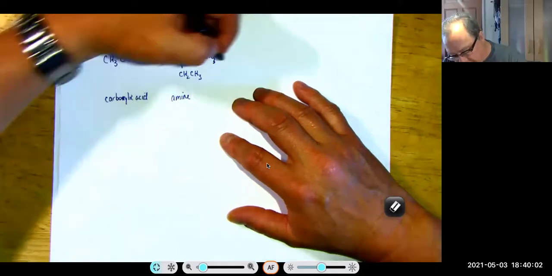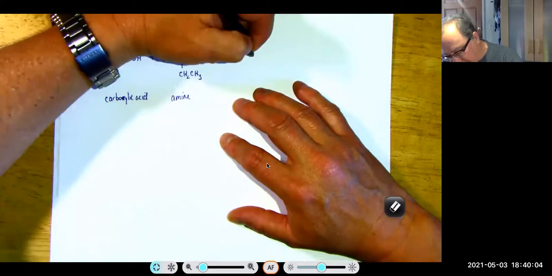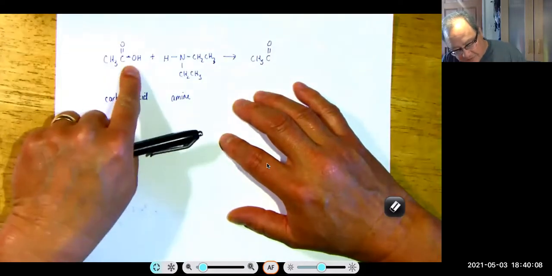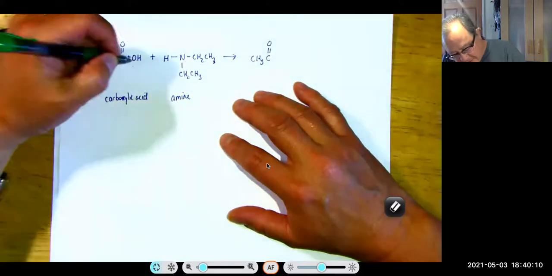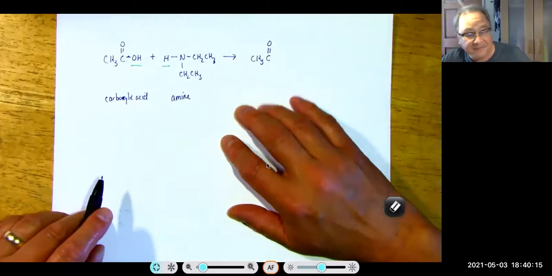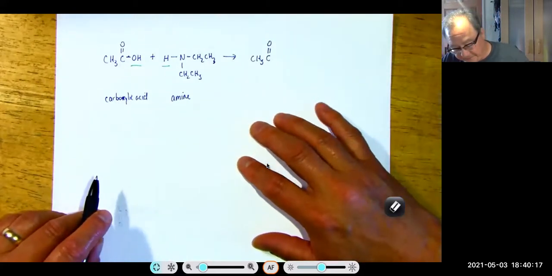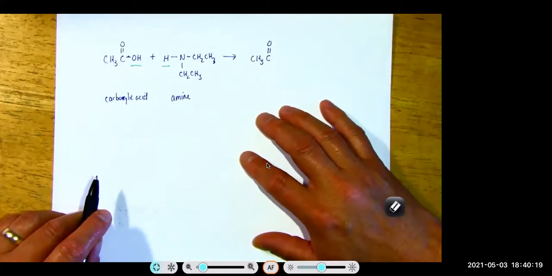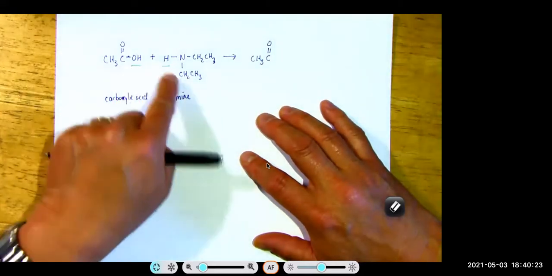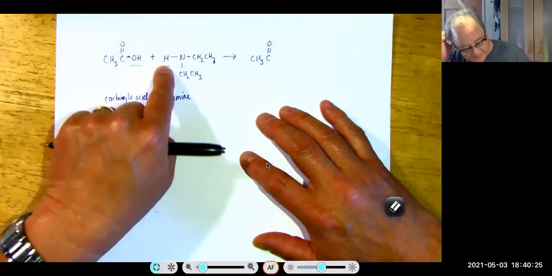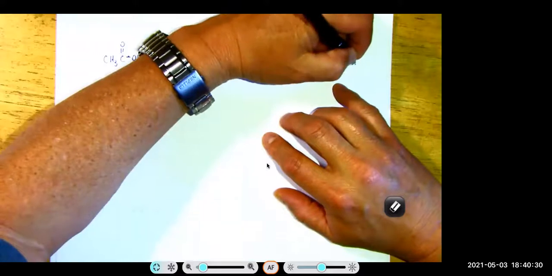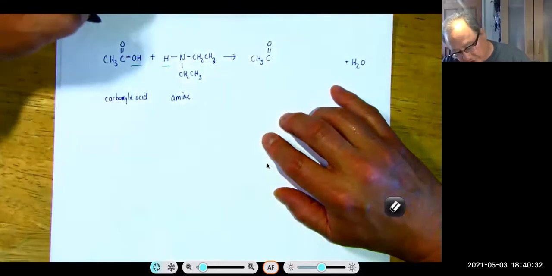So what's going to happen here is the same thing as we saw before. You see this OH, it's going to come off and combine with that H. And what are they going to make? OH and H, water. Right. So this is condensation also.